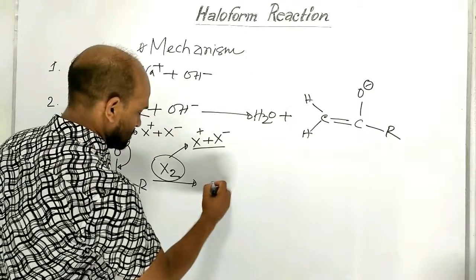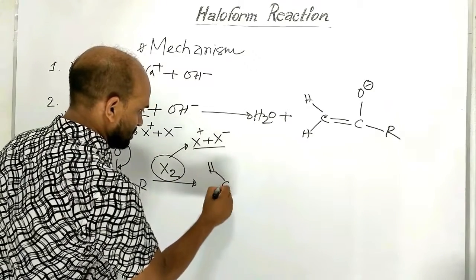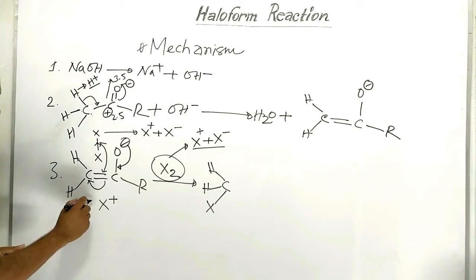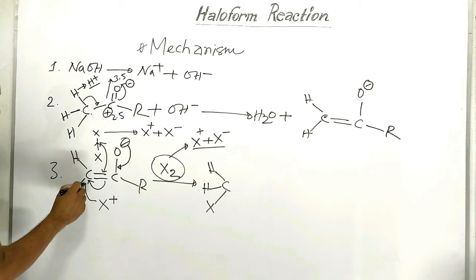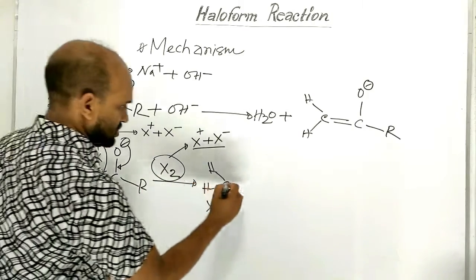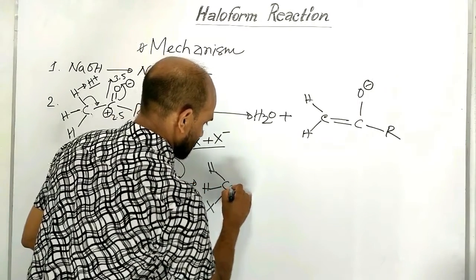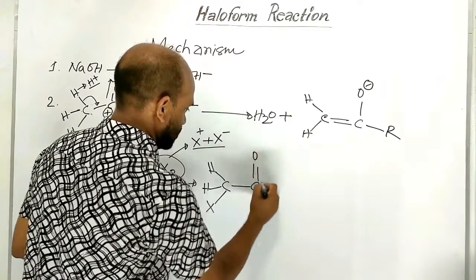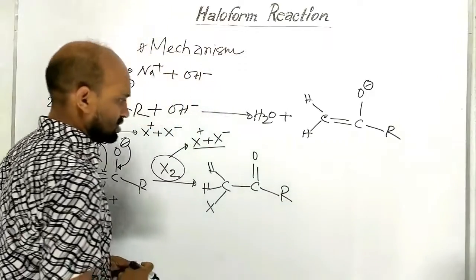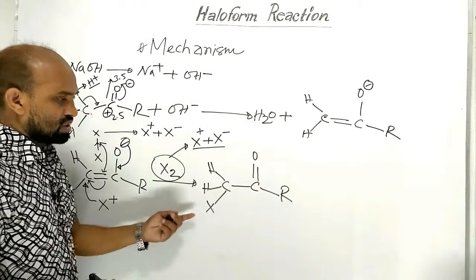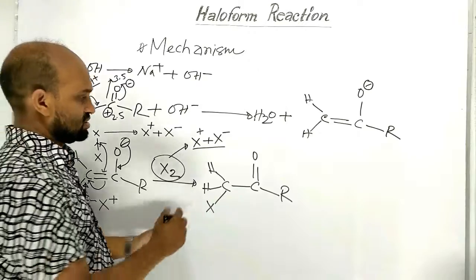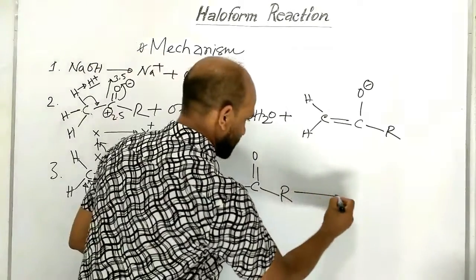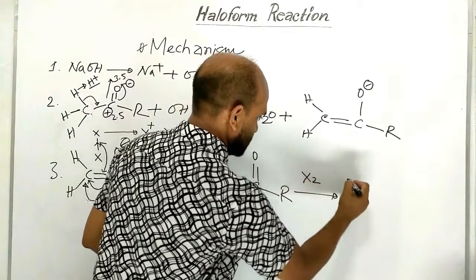Then we get carbon, hydrogen, hydrogen, here halogen. This halogen combines with this carbon. Again, this carbon-carbon single bond is formed. Carbonyl group, here alkyl group. In the same fashion, these two hydrogen atoms are replaced by halogen in this way.